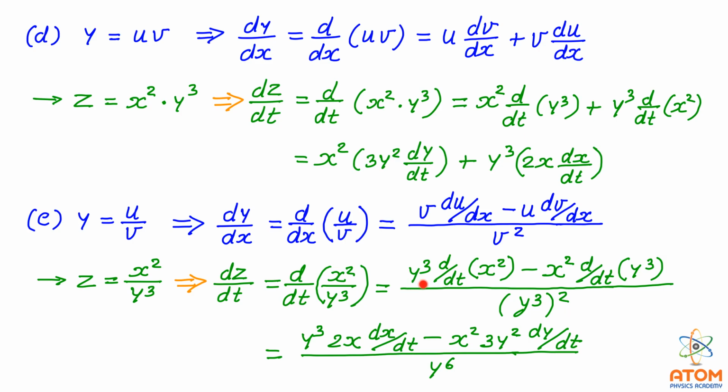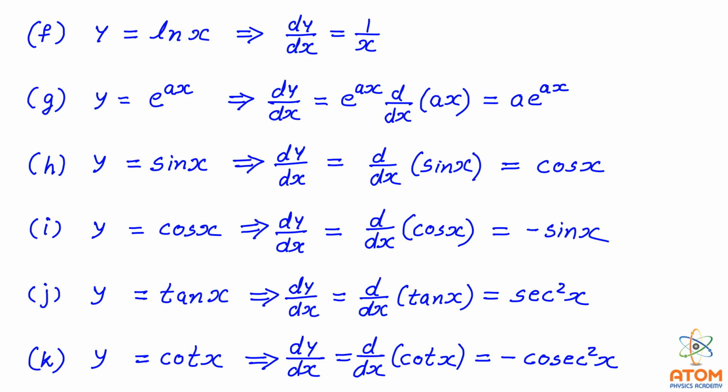So obviously here we will get y cube, differentiation of x square will be 2x dx by dt, minus x square, and here the differentiation will be 3y square dy by dt, divided by y raised to 6.